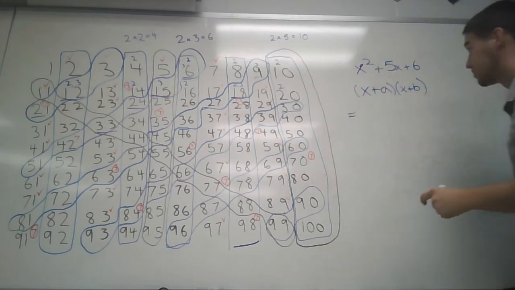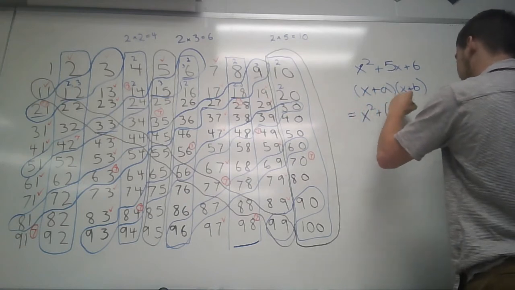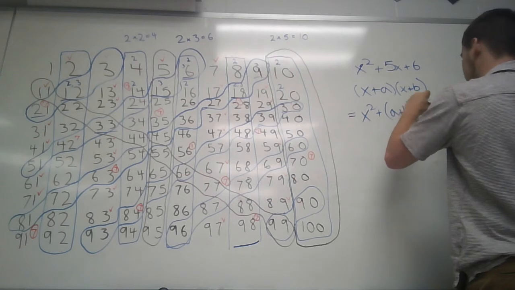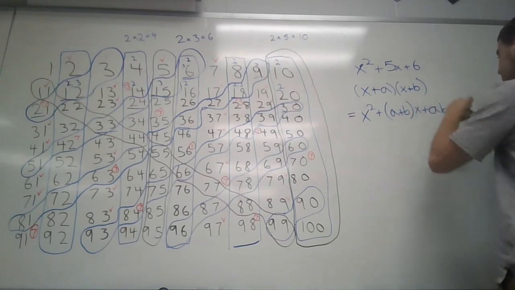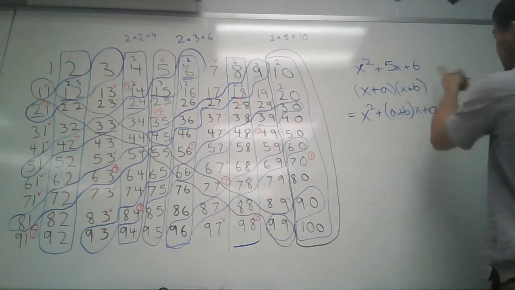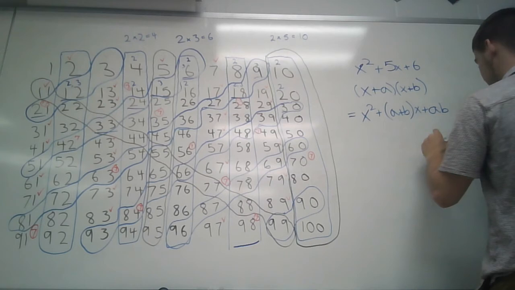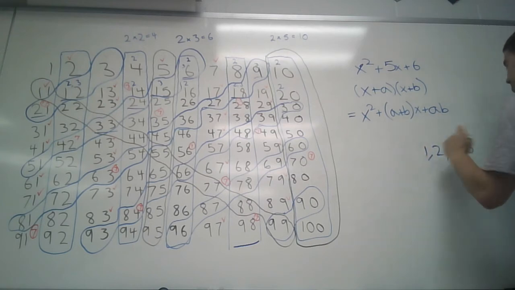So right here, this is going to give us x squared plus (a plus b) times x plus ab. So we need, of the factors of 6, we've got 1, 2, 3, and 6.